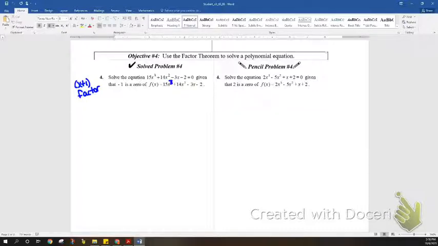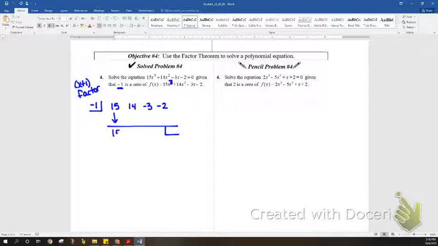All right, so I'm going to use synthetic division. So because it's plus 1, or they just said negative 1 here, we're going to put negative 1. I know it's going to be 15x cubed, 14x squared, negative 3x, and then negative 2. Now remember, since it's a factor, your remainder box should get a 0 in it. If it doesn't, we've made a mistake.